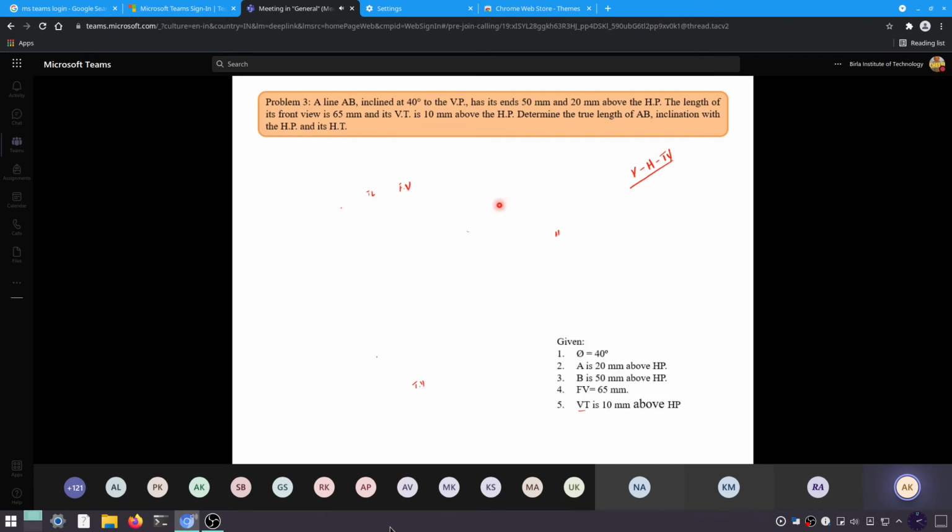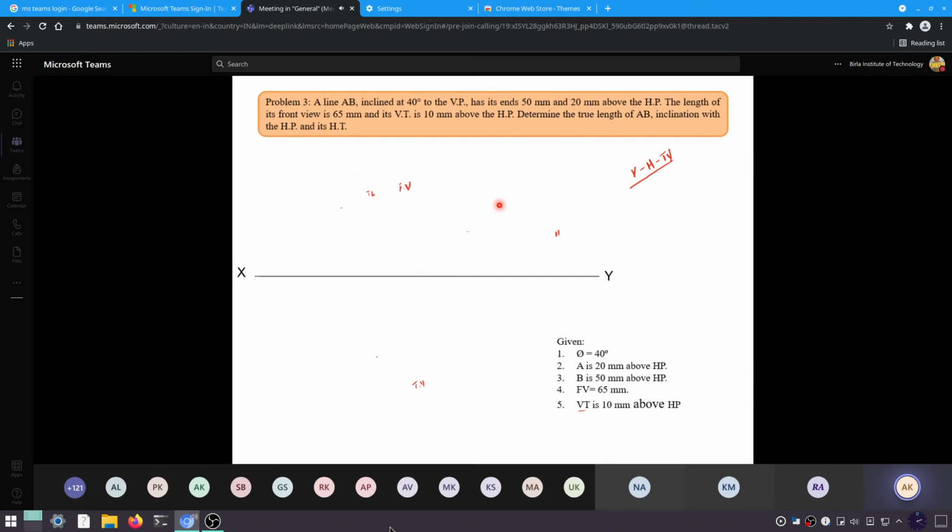So our problem has given these values: phi is 40 degree, A is 20 mm above HP, and B is 50 mm above HP. The front view length is given to you, and the vertical trace is also given to you, and phi is given to you, that is the inclination with VP.